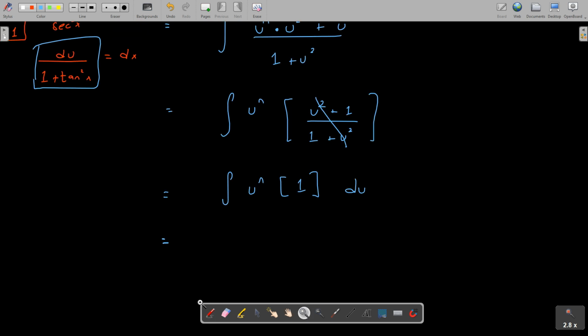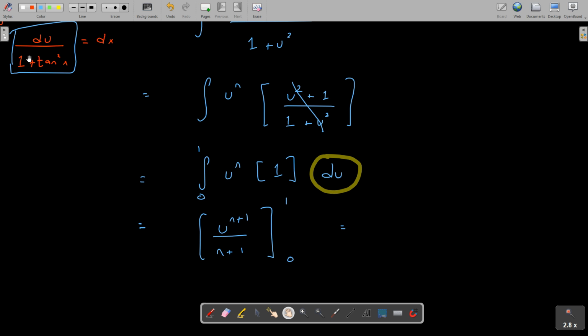Let's solve this using the simple power rule, which is u power n plus 1 divided by n plus 1, and substitute the limits, which were 0 and 1. One thing to keep in mind is that because we're solving for du, we substitute these limits into u, not into n. That's a common mistake, and let's try to avoid that.